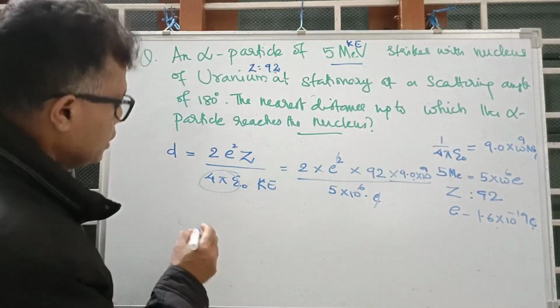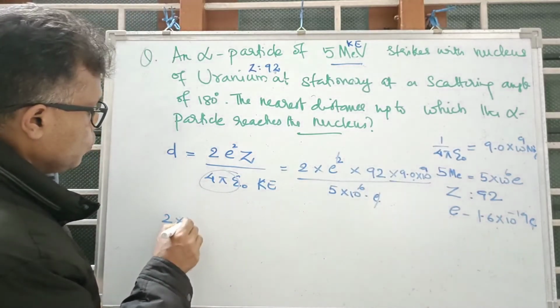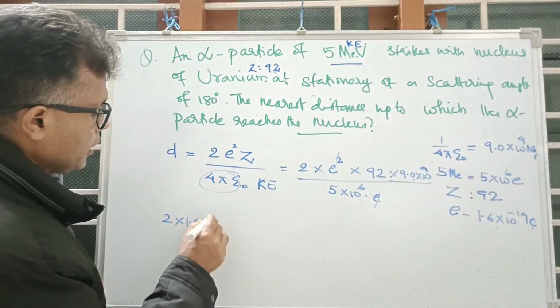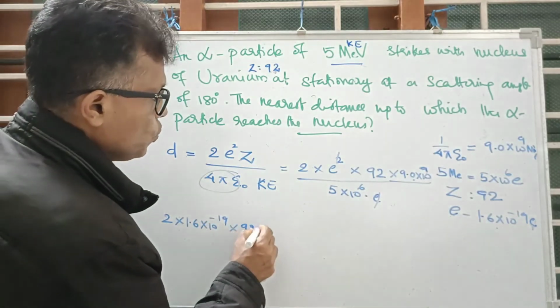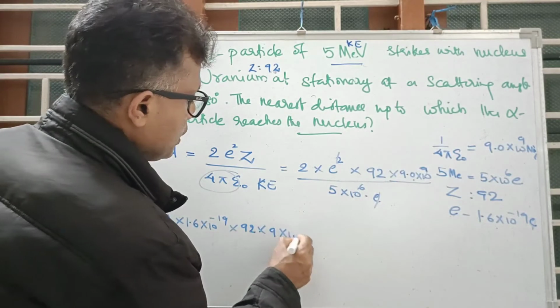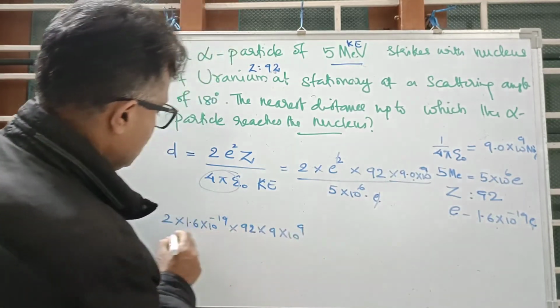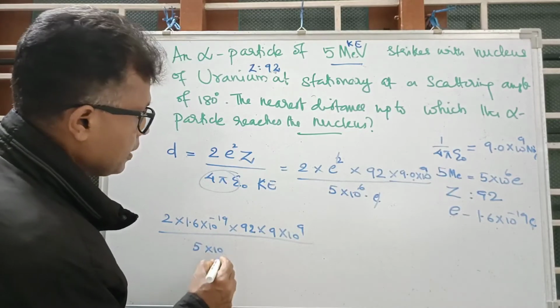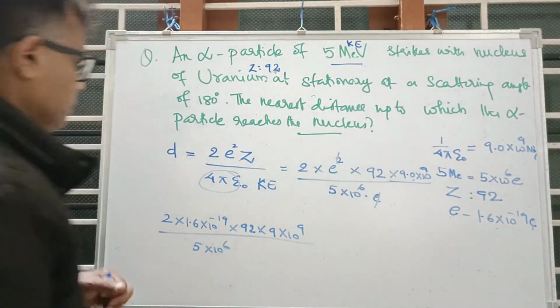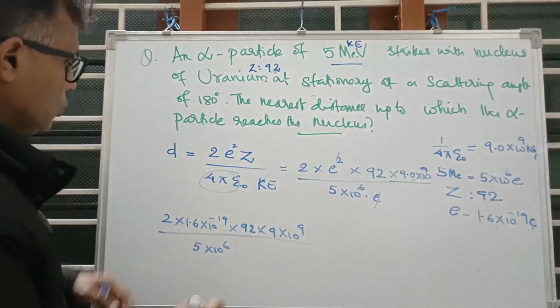So the answer will be 2 into 1.6 into 10 raised to minus 19 into 92 into 9 into 10 raised to 9 divided by 5 into 10 raised to 6. Clear, no? So we'll just go once again.